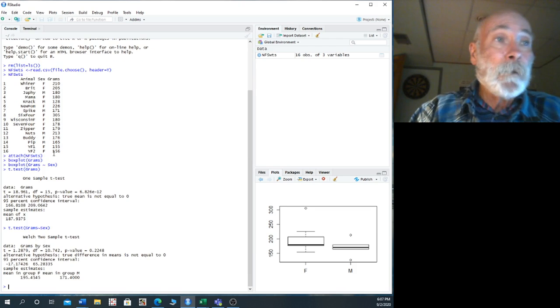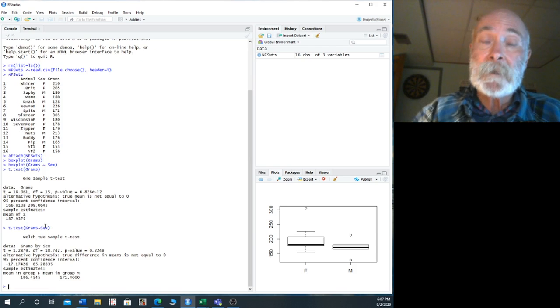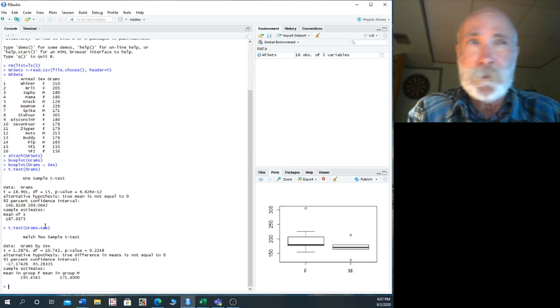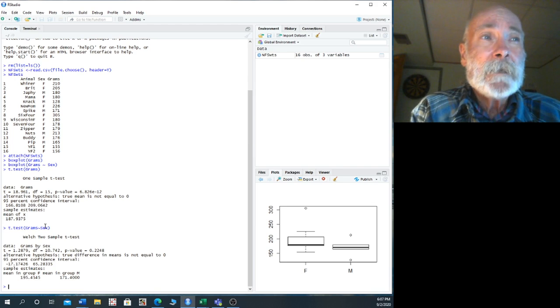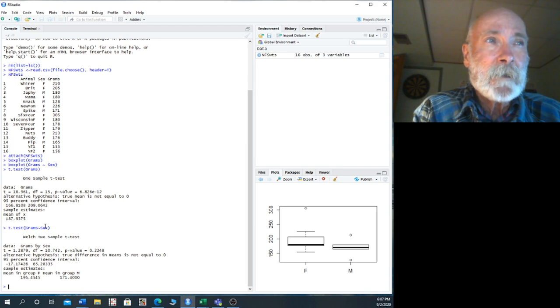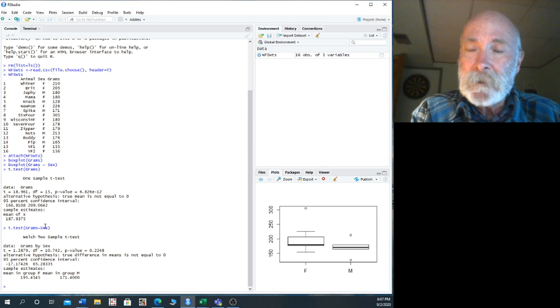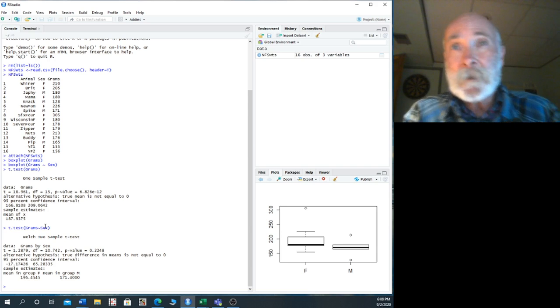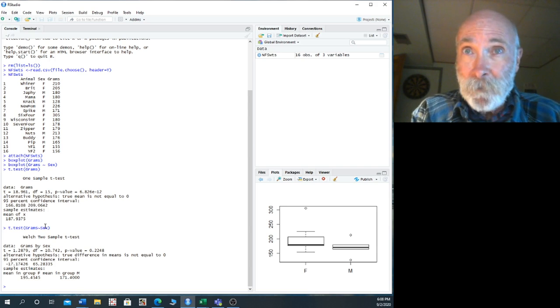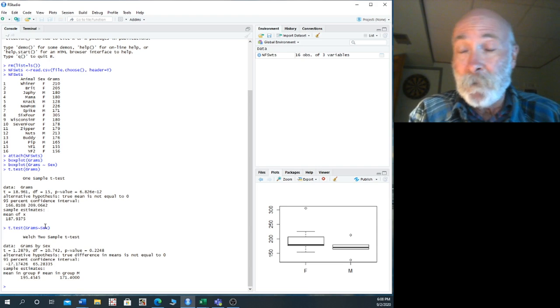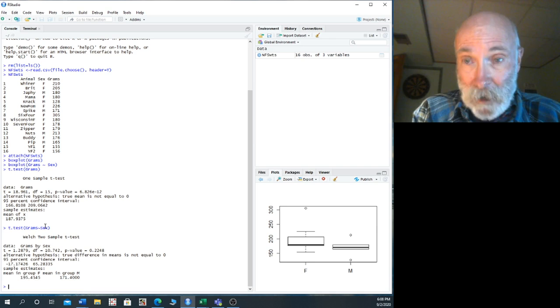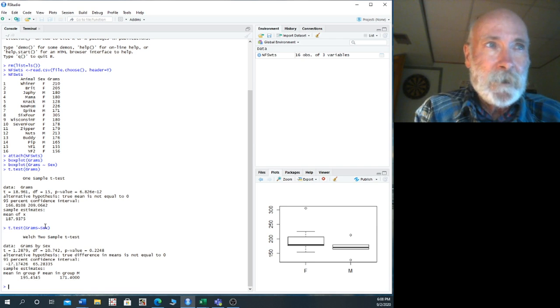It's testing the hypothesis that the mean for males is equal to the mean for females, and it's constructing the 95% confidence interval for the difference between those means. So I'm asking the question, is the body weight for the females minus the body weight for the males equal to 0, yes or no?